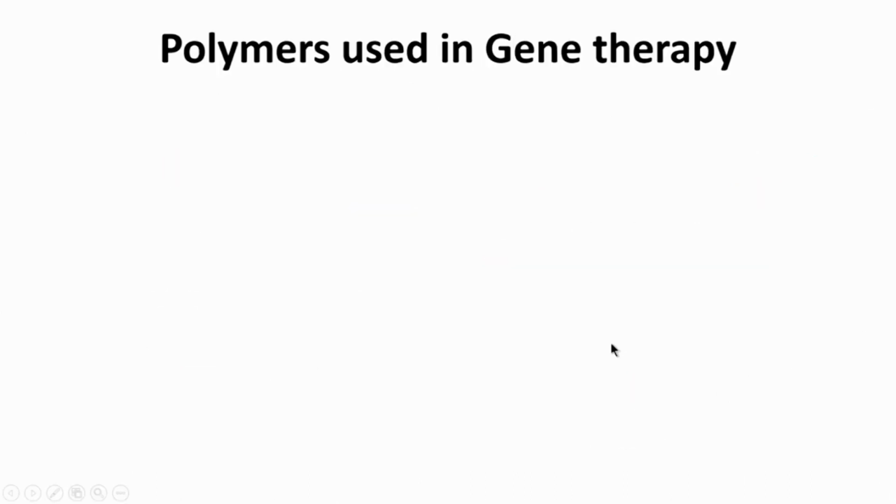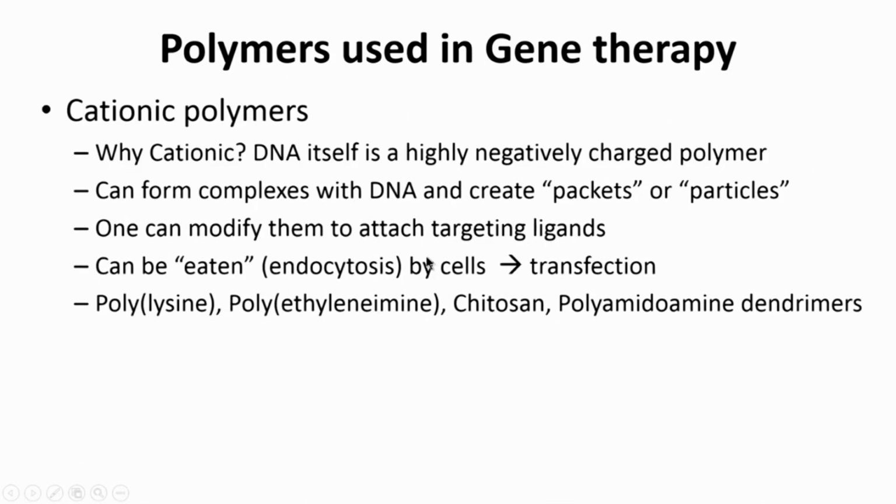So we then go to polymers as we have been doing throughout this course. So mostly cationic polymers are used, and why cationic is because DNA itself is highly negatively charged.